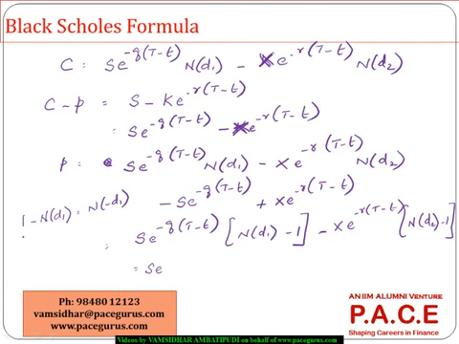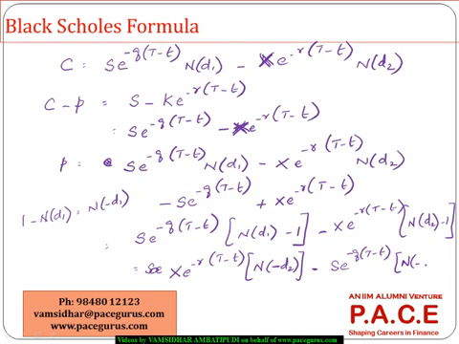If I'm looking at taking out a minus across all, it is coming out like X e^(-r(T-t)) times (1 minus N(d2), which becomes N(minus d2)), minus S e^(-q(T-t)) times (1 minus N(d1), becoming N(minus d1)).